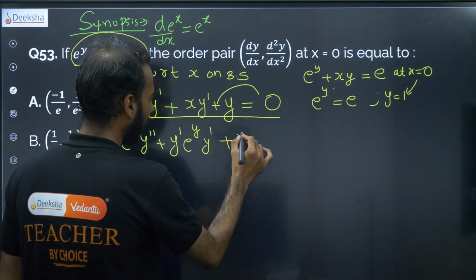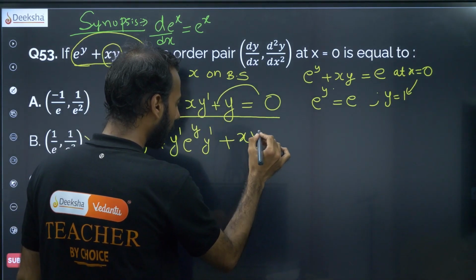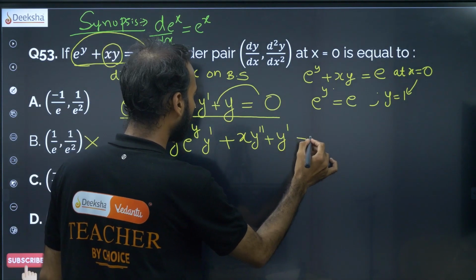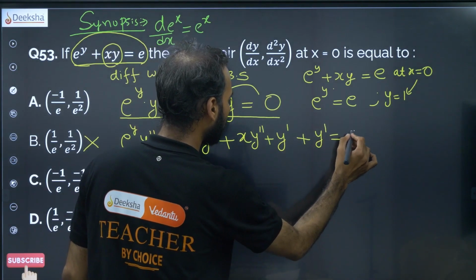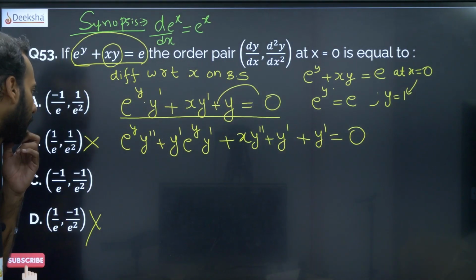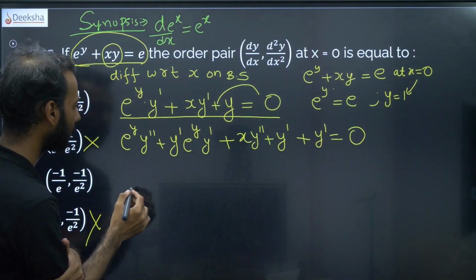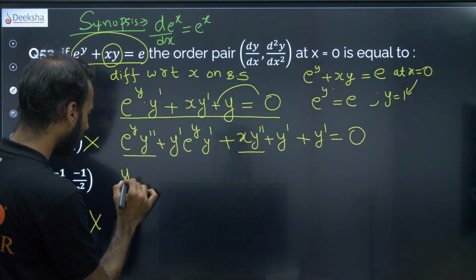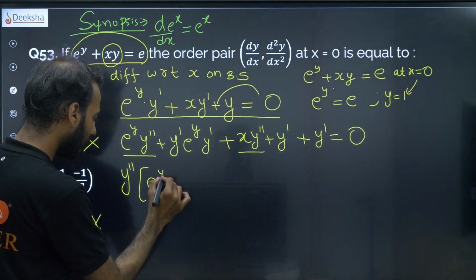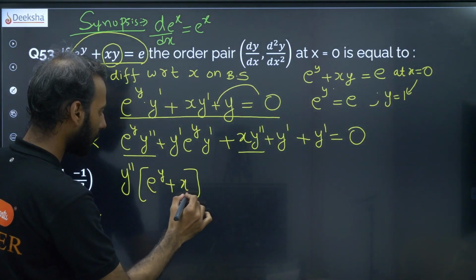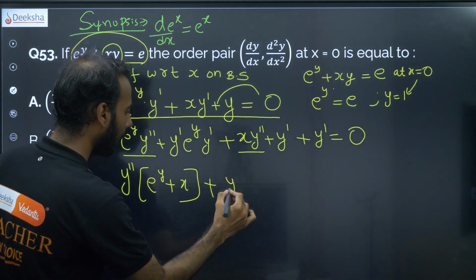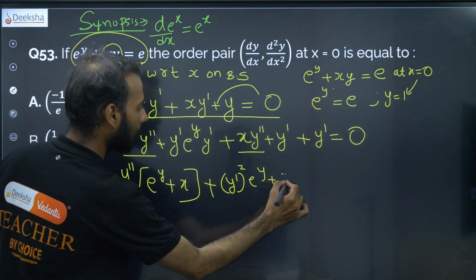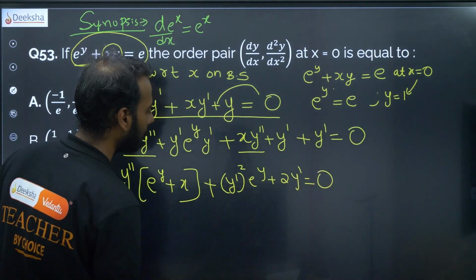Plus x y double dash plus y dash as it is, x differentiation is 1, plus y dash is equal to 0. So if you observe here, y double dash is there also: y double dash e raised to y plus x, plus y dash square e raised to y, plus 2 y dash is equal to 0.